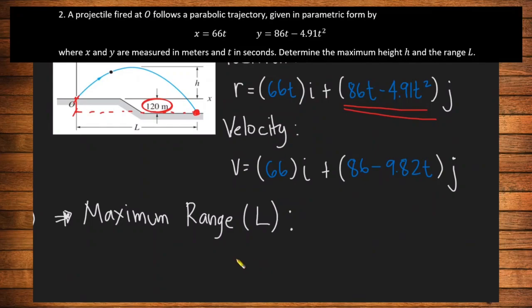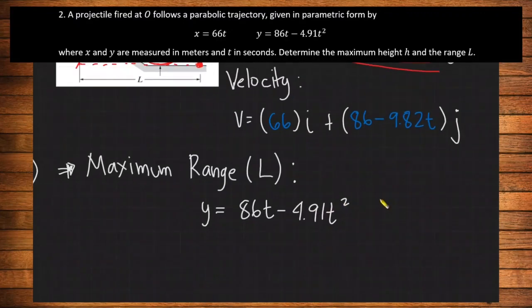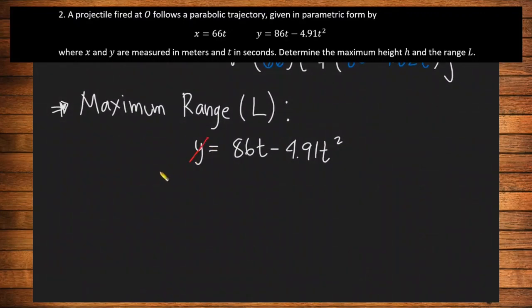Okay? Again, y equal to 86t minus 4.91 t squared. So isa-substitute lang natin negative 120. So negative yung ilalagay natin kasi it is below our origin. So if we take values upward as positive, therefore yung pababa, that will be negative. Okay, so negative 120 yung y natin.